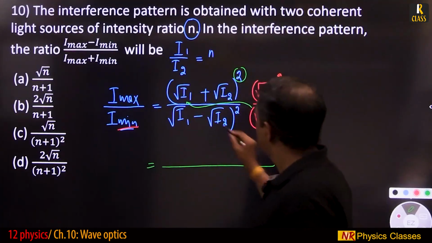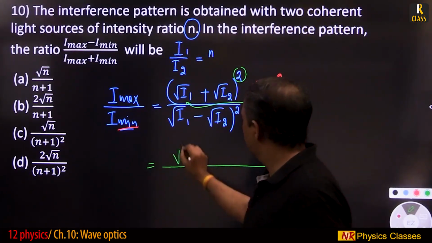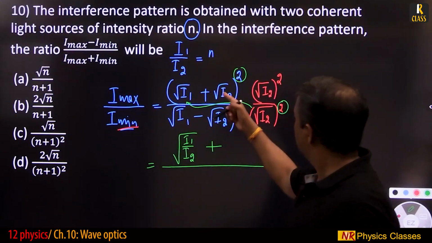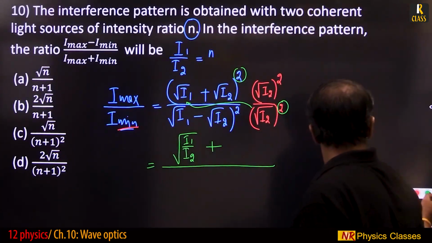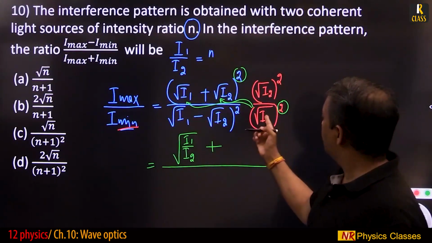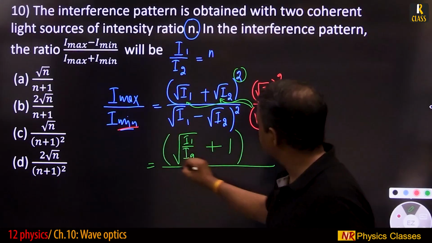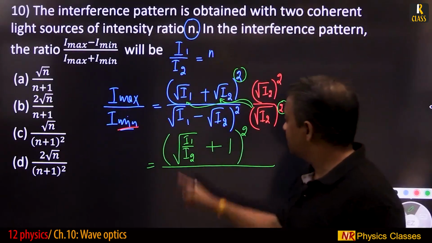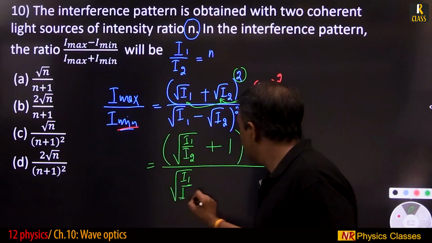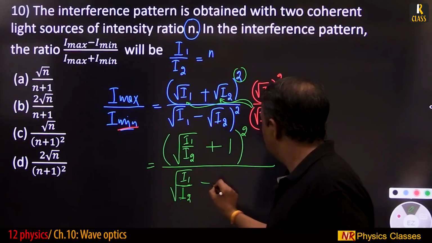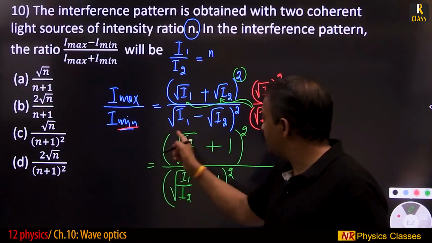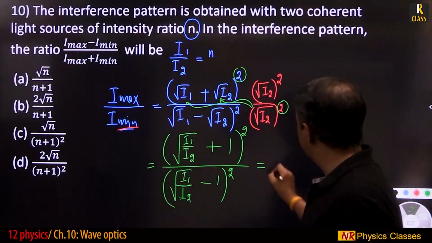So root I1 by root I2 plus root I2 by root I2, which is 1, all squared. Similarly, the denominator becomes (root of I1 by I2 minus 1) square.